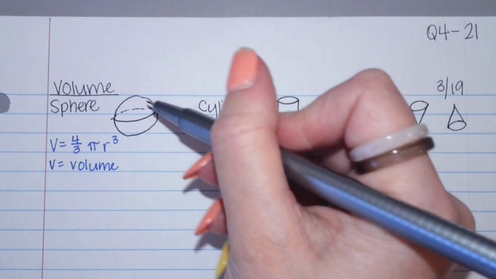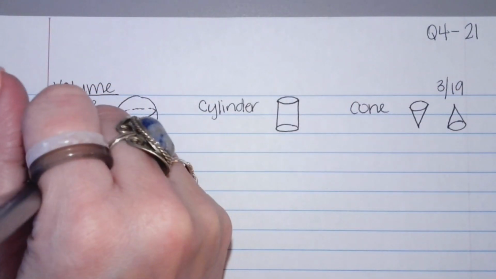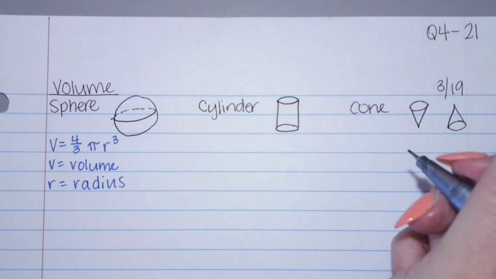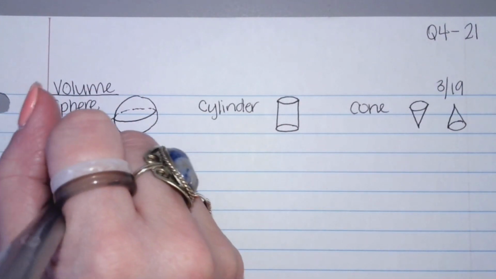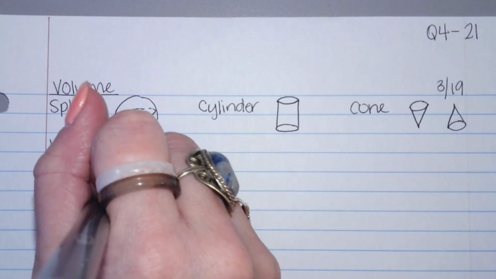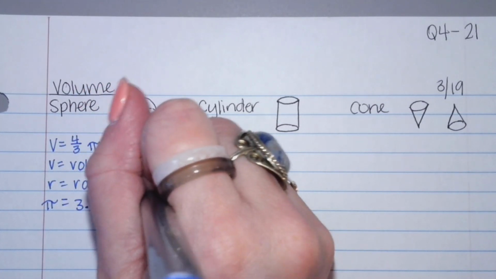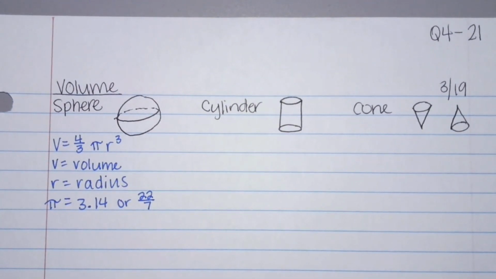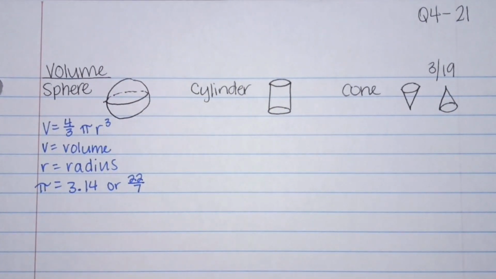And because we've got something that's based in circles, r is going to be our radius. Typically for pi at this level, we are using 3.14, or sometimes you are asked to use the approximation 22 over 7. And the volume problem will specify what it wants you to use.